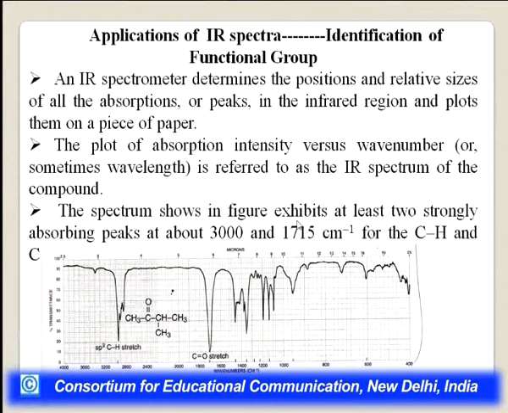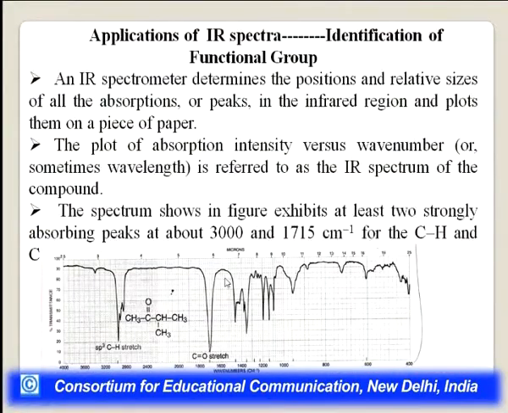The spectrum shown in the figure exhibits at least two strong absorption peaks, at about 3000 and at about 1715 centimeter inverse. Here you can see this value, between 3200 and 2800, is because of C-H stretching, and this value, approximately 1700 to 1750, is related to carbonyl stretching.